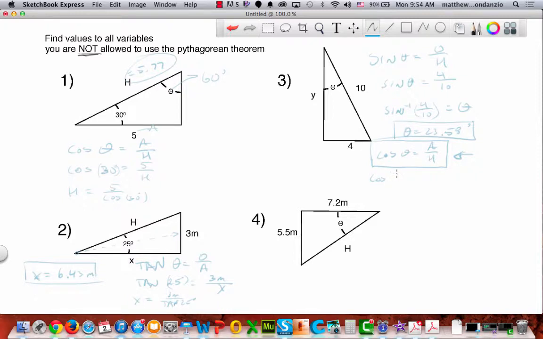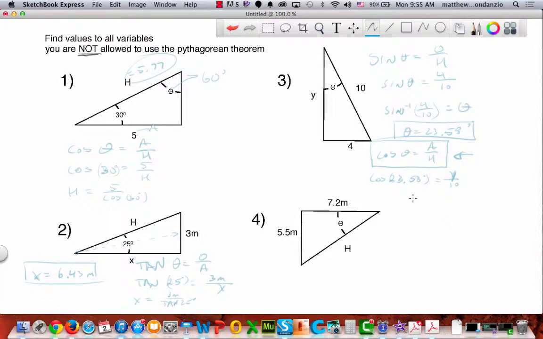And then I say, okay, well, the cosine of theta, which is what? What's theta? 23.58 degrees equals my adjacent, which is y, over my hypotenuse, which is 10. Okay. Are you ready?